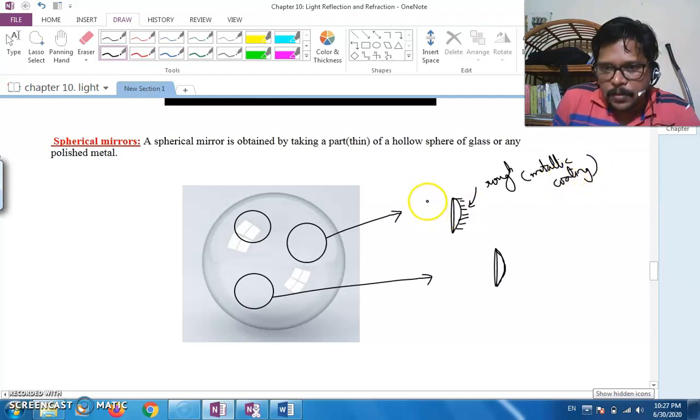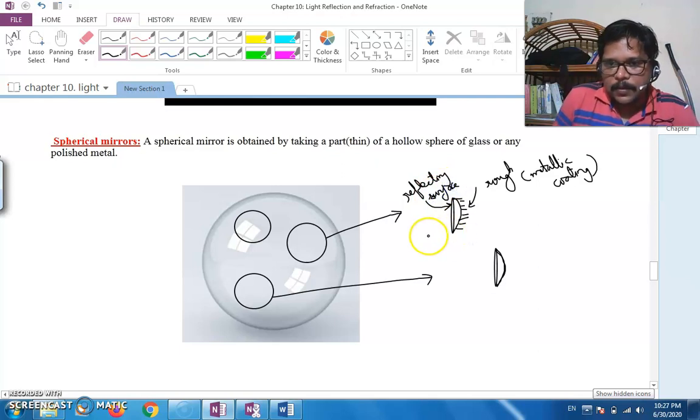Now the inner one becomes the reflecting surface. The reflection takes place from the hollow surface inside the mirror.